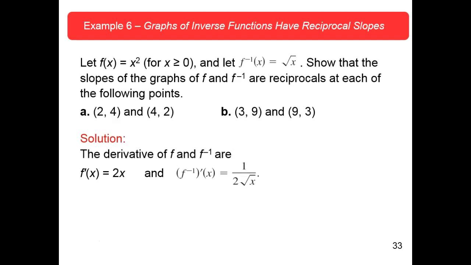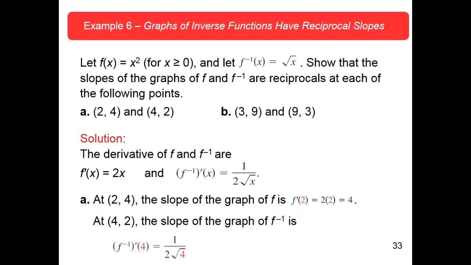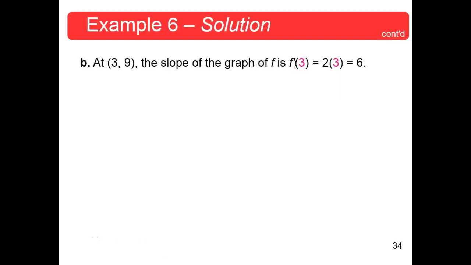Derivatives of f and f inverse are, we just did that, 2x for this one, and 1 over 2 times square root of x for that one. At (2, 4), the slope of f is 4, and the slope of f inverse is 1 over 4. Okay, we can do the same thing for (3, 9) and (9, 3).